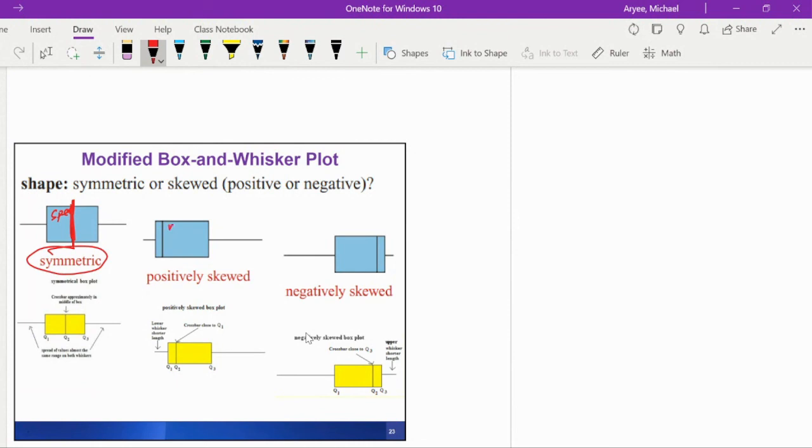If there is more spread on the right, then it is positively skewed. If there is more spread on the left, then it is negatively skewed. How do I know? Because if you punch 25% of the data here and 25% of the data here, this is more spread out.